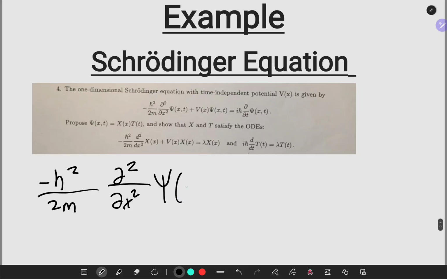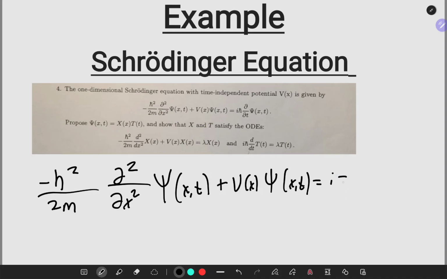Psi of x, t plus V of x times psi of x, t is equal to, what is that h? Well, it is what it is.